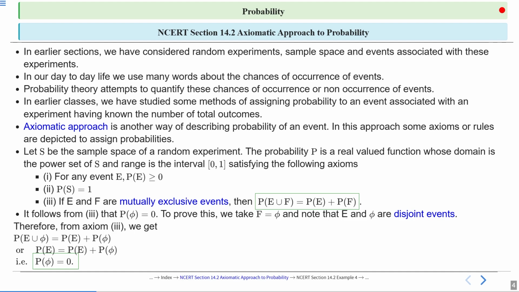So from axiom 3 we get P of E union phi equals P of E plus P of phi.